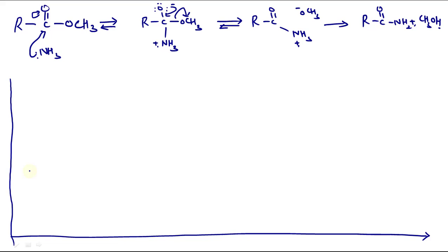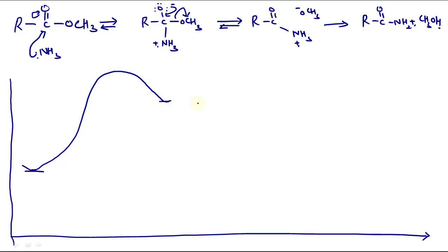Here we have, let us see, reactants, and here this is the intermediate, the tetrahedral intermediate, it comes here. So we can draw it like this.